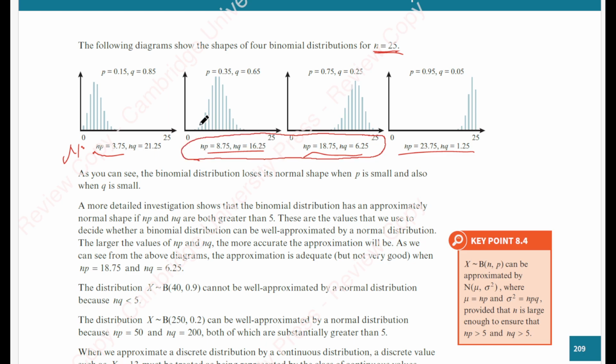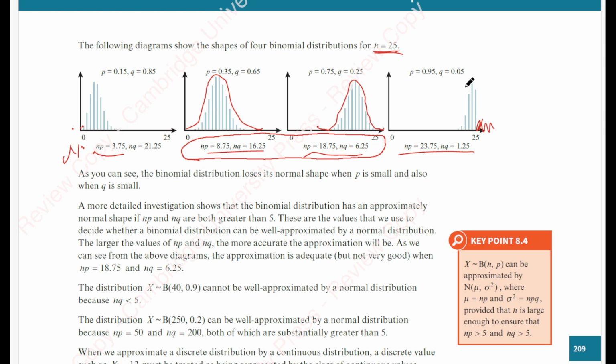So here you can use a normal distribution curve, and you can see a very good shape. But in those other cases, we can see that there is something lacking and this is not a good shape. So these are not such good approximations.